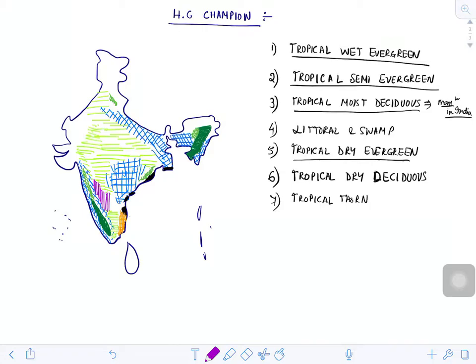In the southern peninsula, the rest shaded that is left, you'll find it here. We'll find the desert type in Gujarat, in Rajasthan, in some parts of Rajasthan. Then where else? Yeah, that's it.